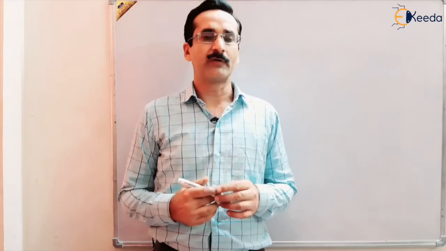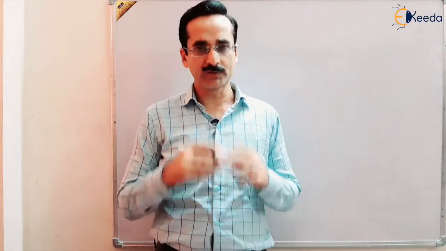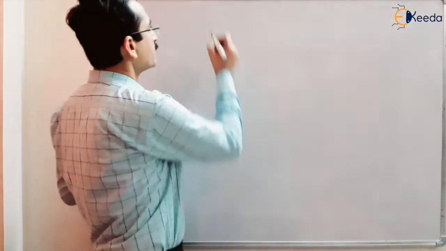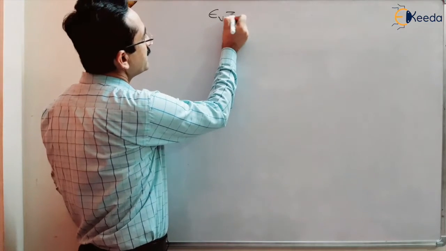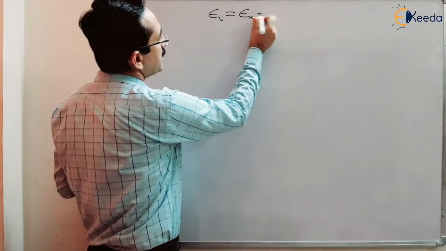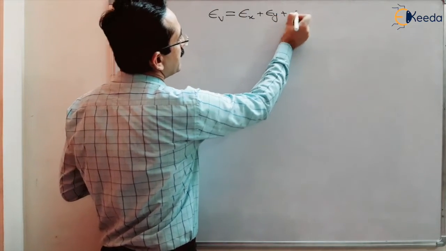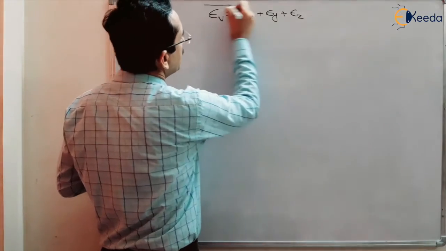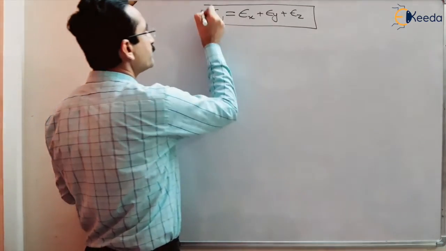We were studying the volumetric strain and we have shown that volumetric strain for a cuboid body is given by strain in x direction, strain in y direction and strain in z direction. This we have already proved.